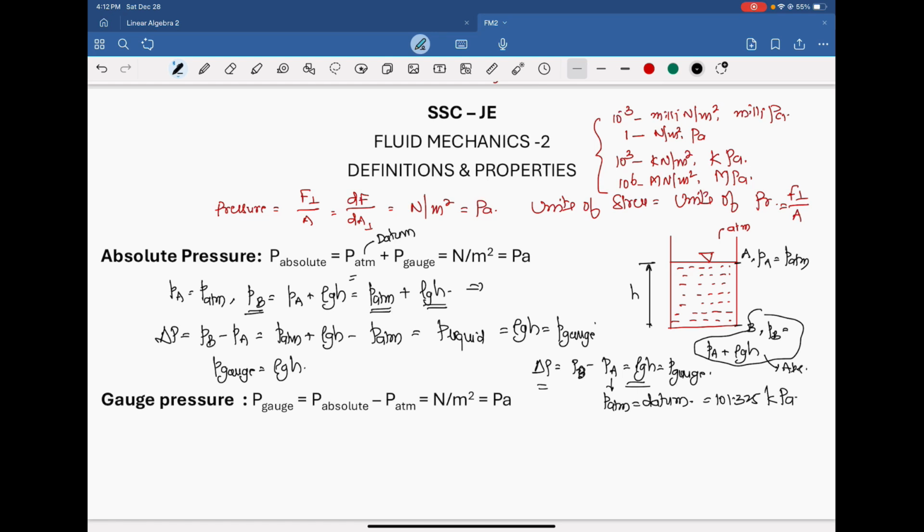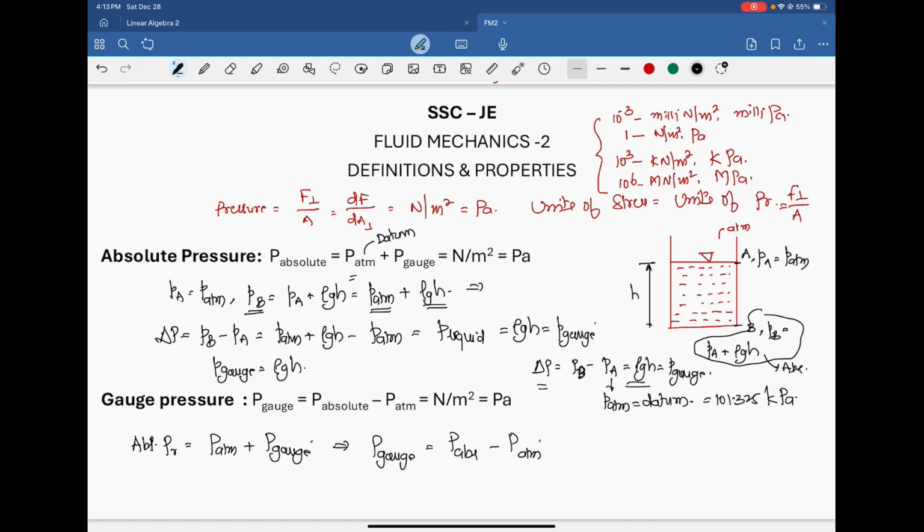Absolute pressure is equal to atmospheric pressure plus gauge pressure measured from the instrument. It implies gauge pressure measured from the instrument is equal to P absolute minus P atmosphere.